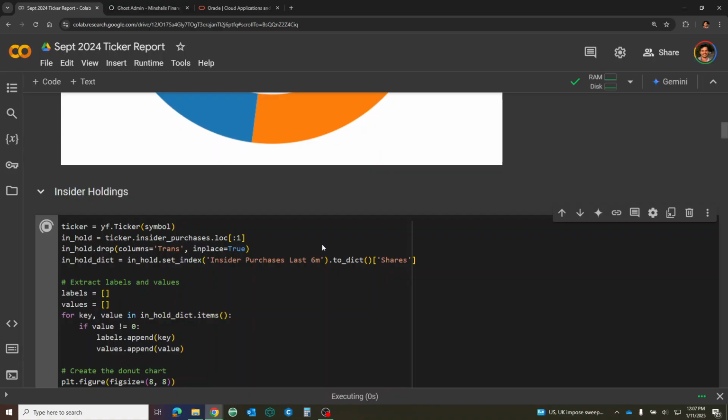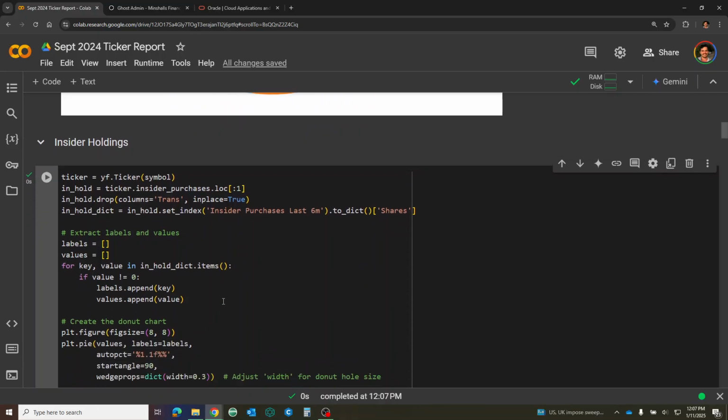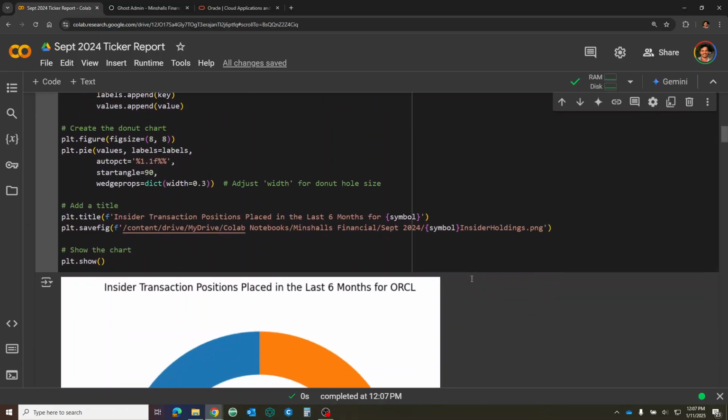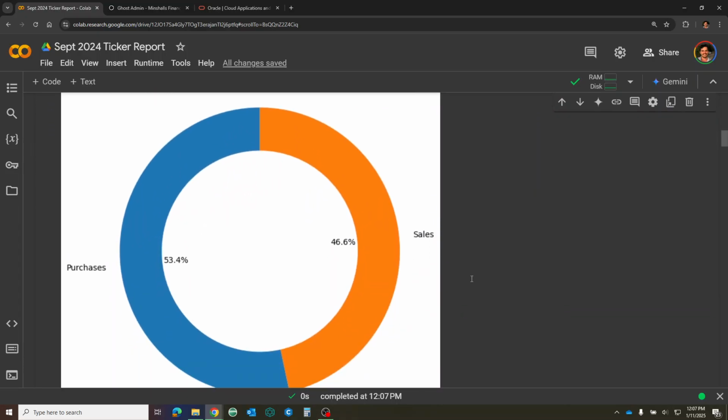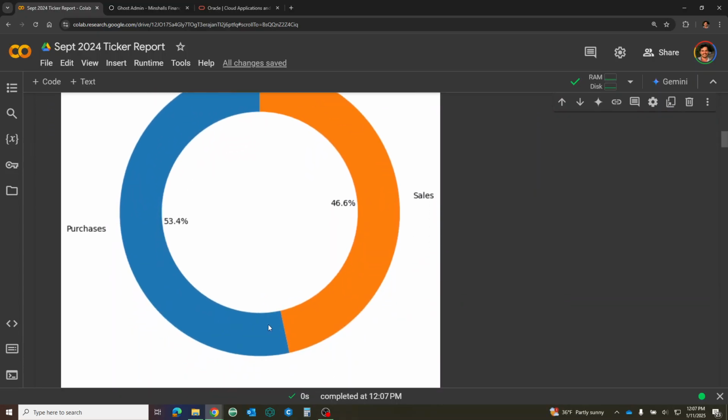Insider holdings. Insiders are people that are intimate with the knowledge of the company, the inner workings of the company. If you're an insider, you have to publish whether you're buying or selling the equity of the company you work for. I think this is a good way of getting an idea of whether people in the company feel bullish or bearish on it. You can see most of the time they're purchasing.